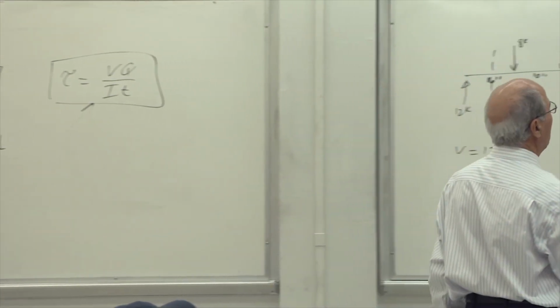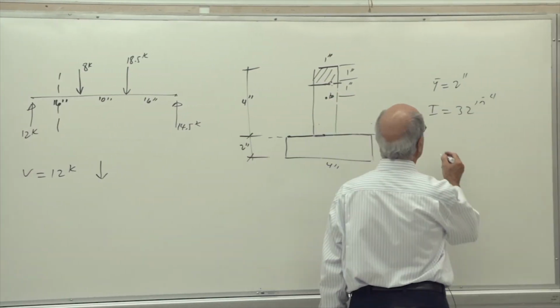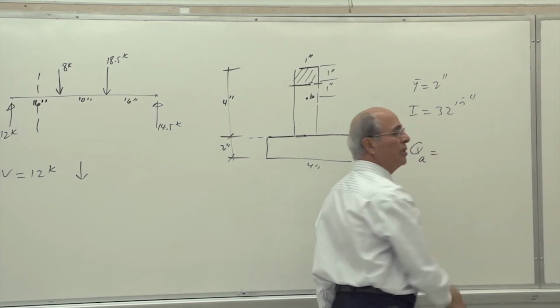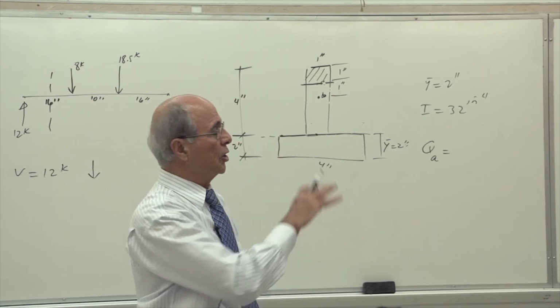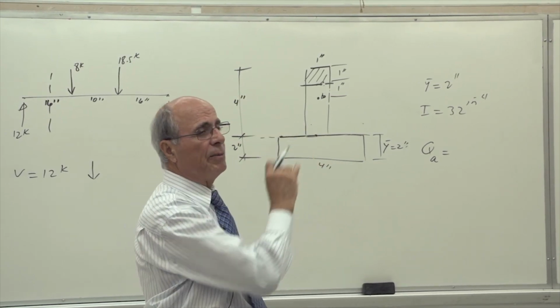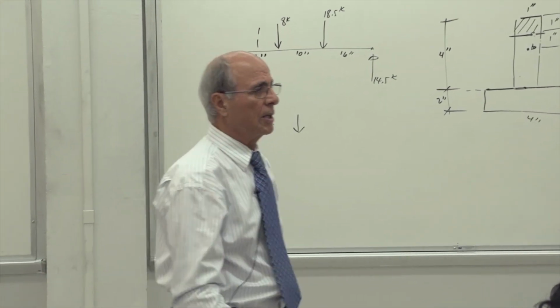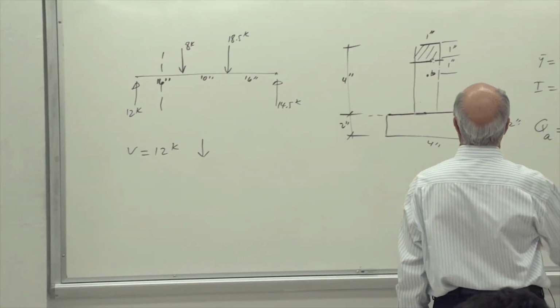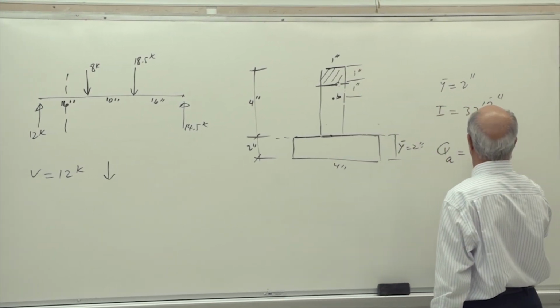So we need the tau at point A, correct or not? To do that, I need one quantity more, and that quantity is Q for that level. Q of that level is the Q of that little area with respect to neutral axis, which is, come on guys, give me the number. 1 times 1 times what?